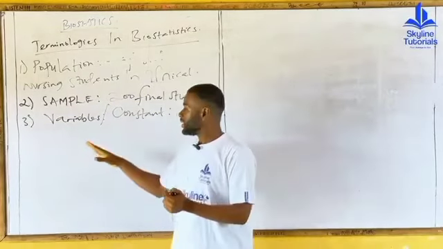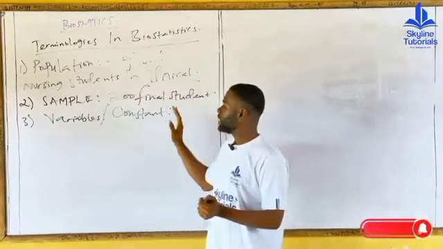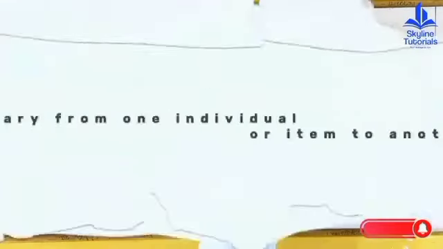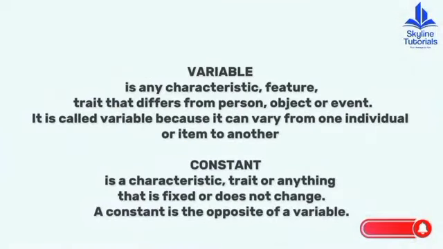A variable, like I said, is a feature that differs from person to person, place to place, object to object, event to event. Anytime there's a discrepancy, a dichotomy in what you're looking for in a particular research, it is called a variable.